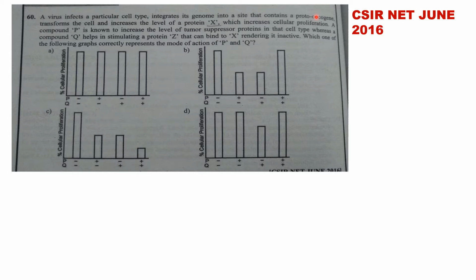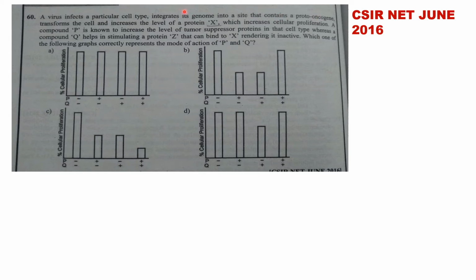Oncogene means that abnormal proto-oncogene. So this abnormal proto-oncogene will lead to cancer. This oncogene will cause that cell to divide in unregulated manner. This is the gain of function mutation. The proto-oncogene will become an oncogene because of gain of function mutation.